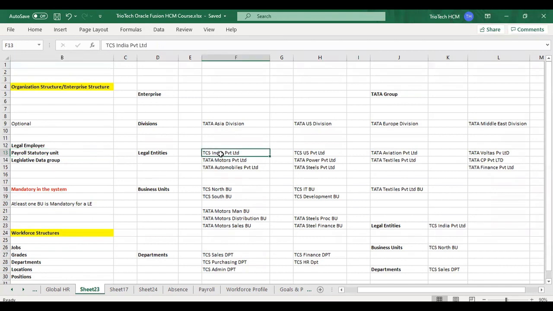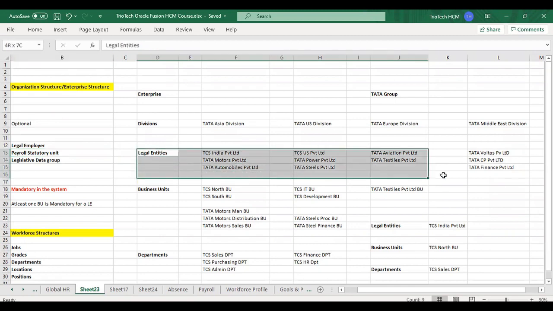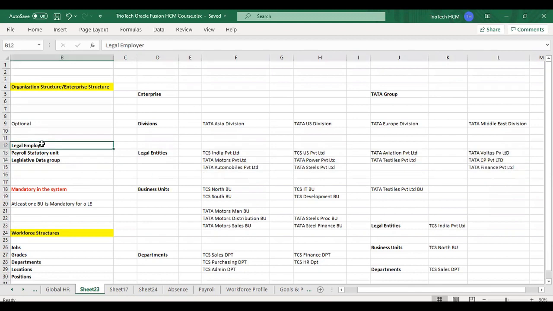Same thing, whenever you are defining the legal entities in the system, like how you make it a legal employer, you should also make them PSU, so that the companies or the legal entities will have the provision in the system to hire the employees as well as to maintain the salaries of the employees. So while we are configuring these legal entities, these components will come into the picture.